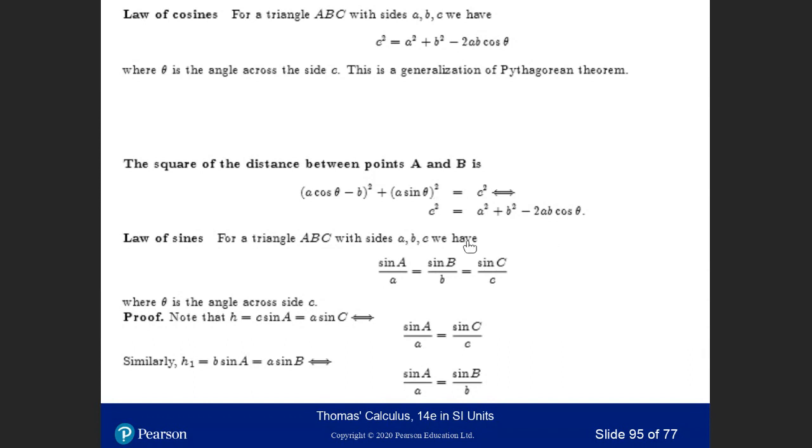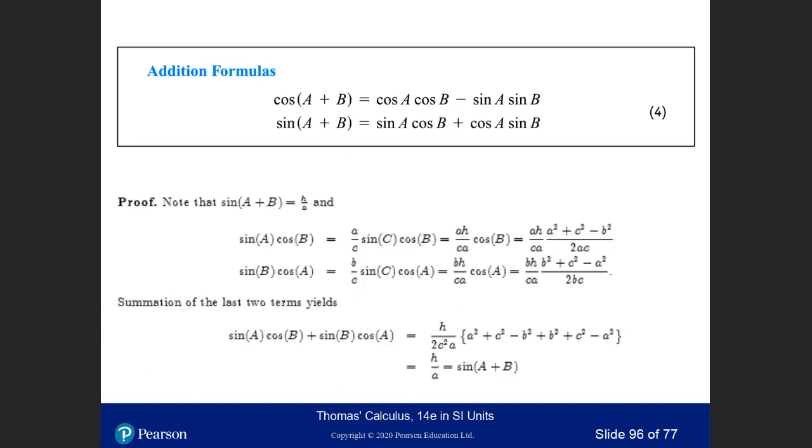sines. Now one more thing that we have to prove here is the addition and subtraction laws. The addition formulas are, if you have two angles, cosine of A plus B, that's cosine A cosine B minus sine A sine B. If this is negative here, then this is positive here.